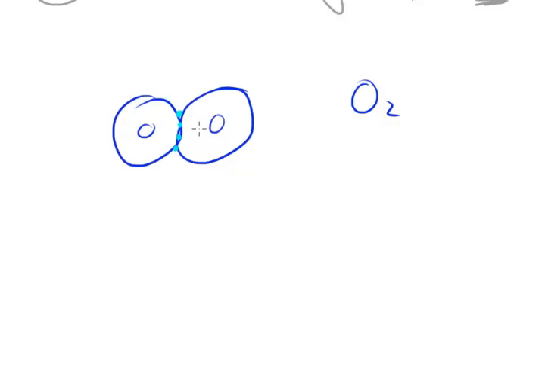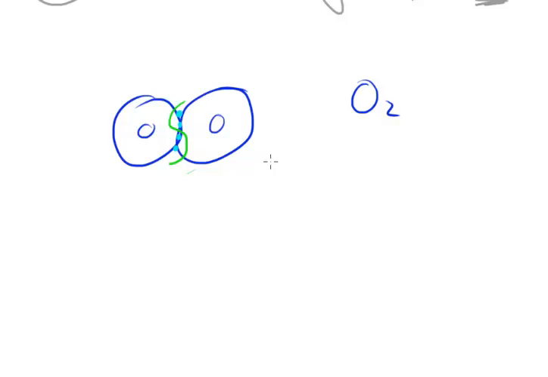If we were to split up two oxygen atoms, they're both equally greedy for electrons. So they're probably going to split the electrons they're sharing 50-50. So these 4 electrons that they're sharing are going to be split. Each oxygen is going to take 2.